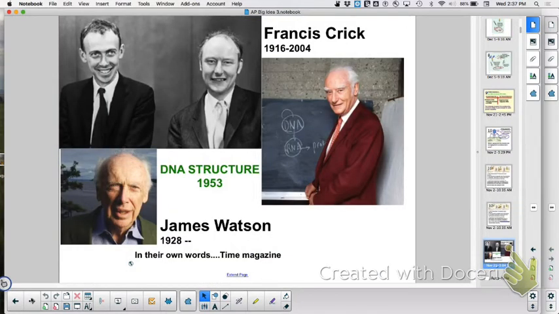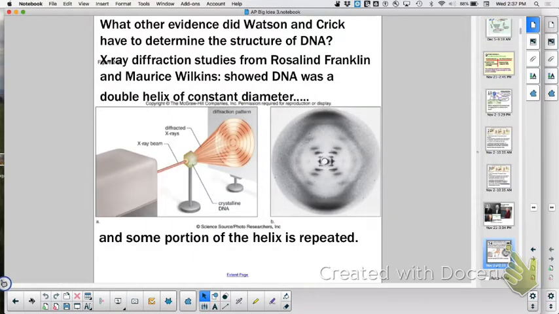Okay, structure of DNA, Watson and Crick, a double helix. They used evidence that was maybe borrowed, also gifted. One of the things was shining X-ray through DNA, and the X-ray through the DNA showed that it had a what kind of structure? A helical structure, and there was a repeating pattern.